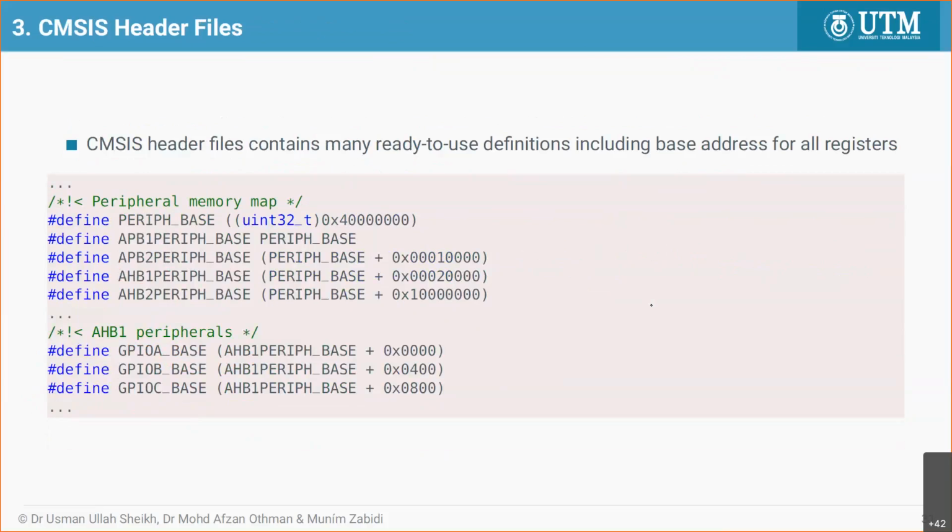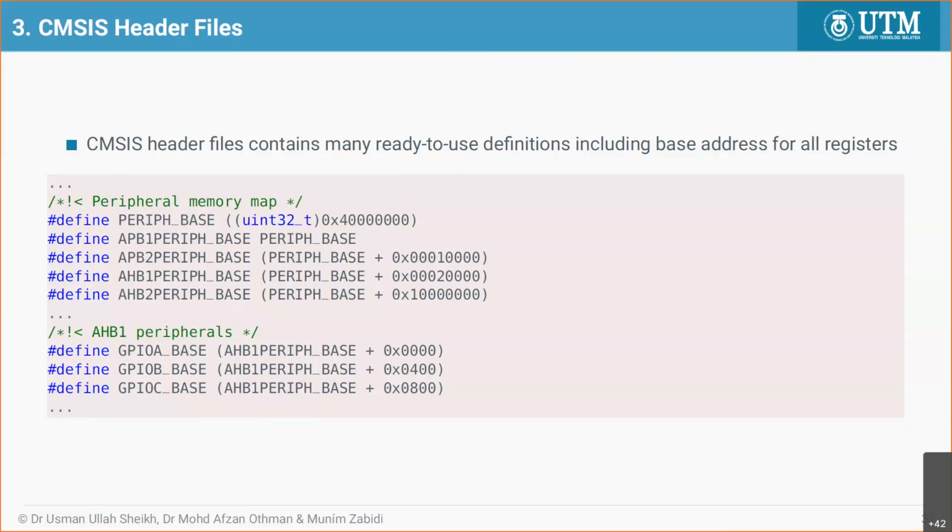Now you use CMSIS, where you have all these constants defined in the CMSIS header file. All the registers are there. You don't need to type any of that. When you go to Keil, when you go to STM32Cube, the files are there. Just include it, and just make sure you have the right register.